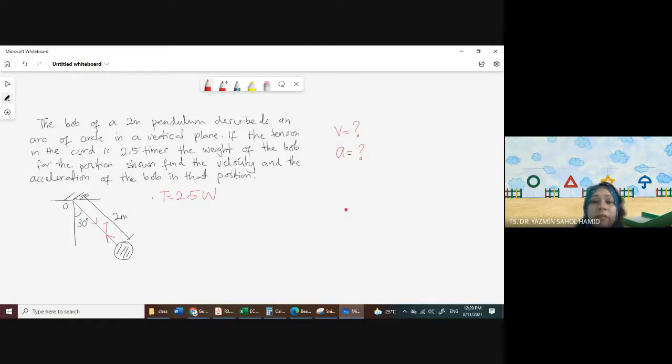Okay, so find the velocity and acceleration. For this question, obviously because there is weight, 2.5 times, tension, and force, it means this is kinetics. And because it moves in an arc, like this pendulum, we know that this is normal and tangential.